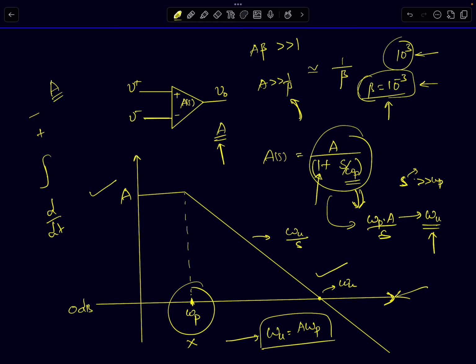How small your beta can be is usually determined by the forward path gain, the DC gain of the op-amp. Then if you have to use it for a frequency dependent input, meaning time varying inputs. For a DC input, for example, if I'm using this op-amp in some weight measurement system, for practical purposes you can treat it like a DC input.